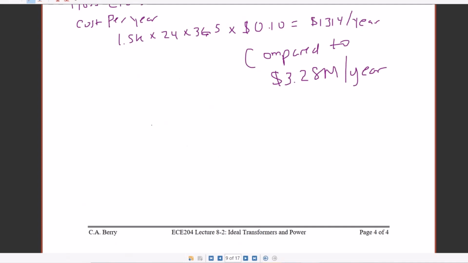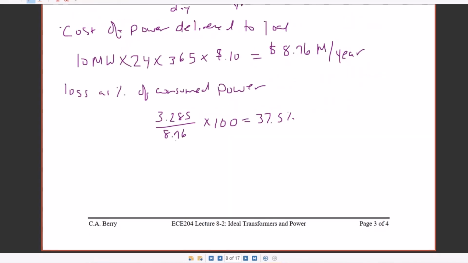Okay, so that means by doing this, we have a savings of, if you subtract those two, 3.14 or maybe about 3.2 million per year. Questions? Do this calculation again.